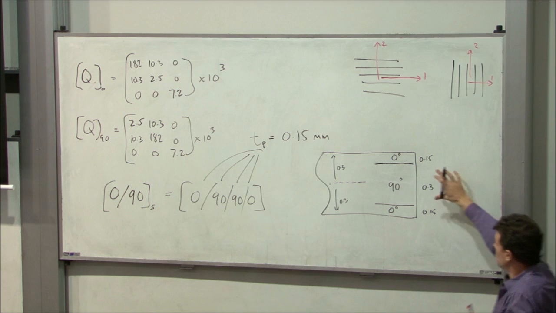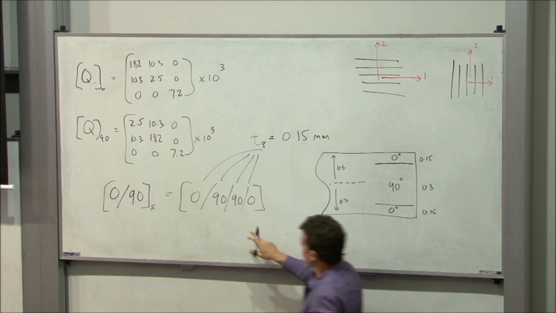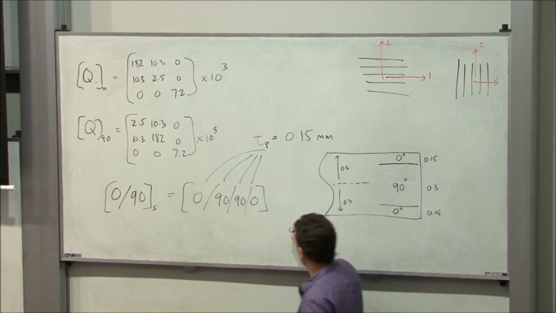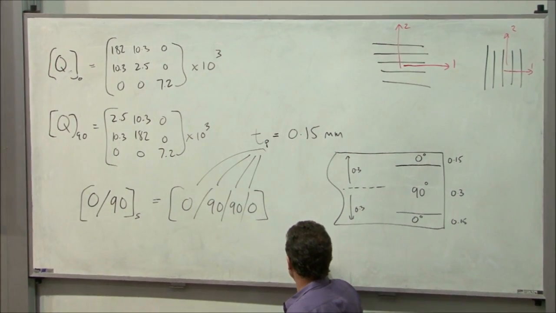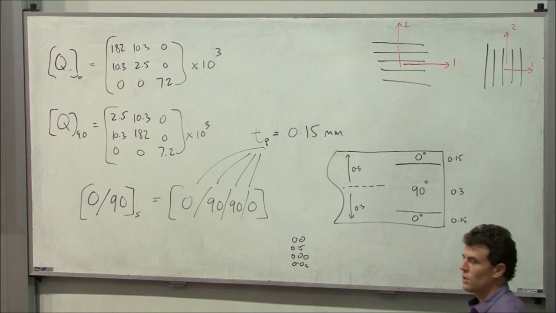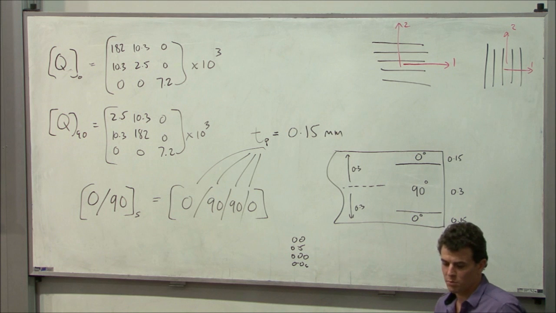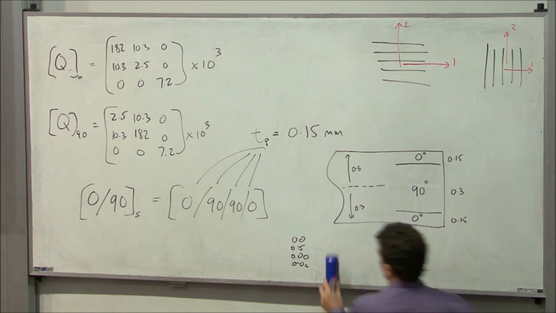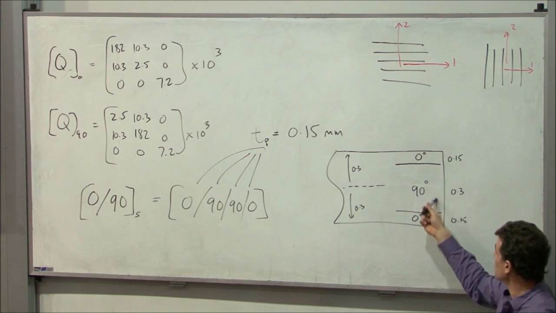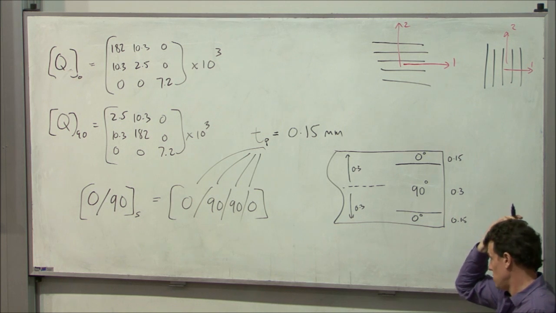The reason I've collapsed the two 90s in the middle into one layer is because elastically they're the same. If you look at these under a microscope, they're thousands of little fibres stacked together, and the fibres really don't know where one ply starts and the next ply finishes. If they're all in the same orientation, they're behaving as if they're just one big ply. So for the sake of our elasticity calculations, we treat the two 90s in the middle as one big block, and it saves us some maths.